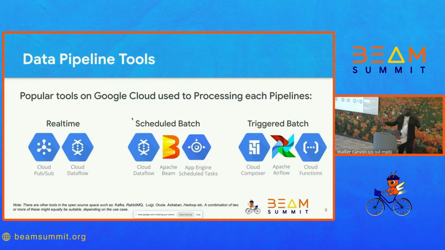There are certain tools that you can use, especially in the open source community, but on Google Cloud, there are some specific tools that you may find very important to use, depending on the kind of process that you want to run, whether it's real-time, batch, scheduled batch or triggered batch. With triggered batch, you probably have a couple of tools, but you would most likely use Cloud Composer. If you're still very much around the open source, you can easily combine this with Apache Airflow. So it's either that or this.